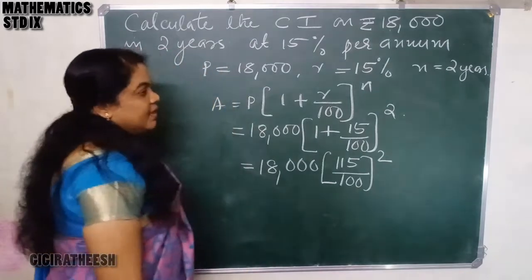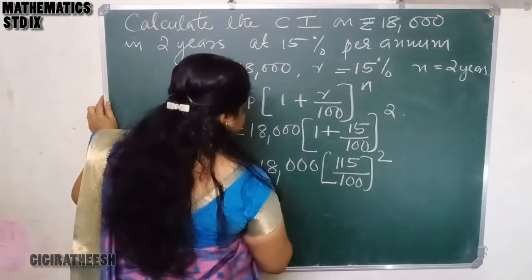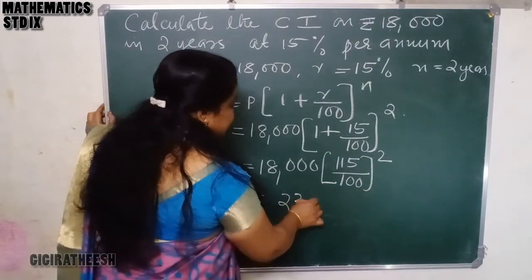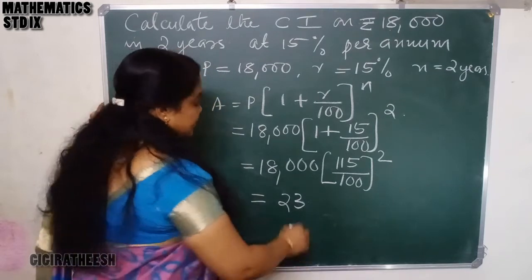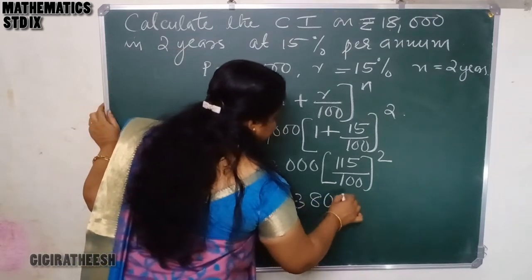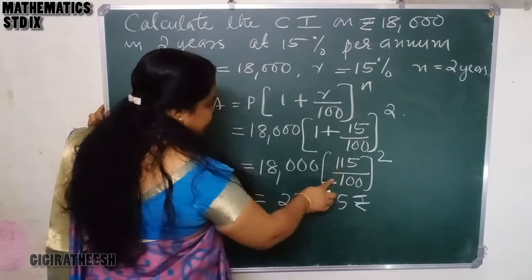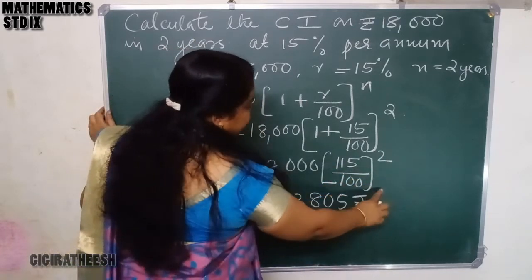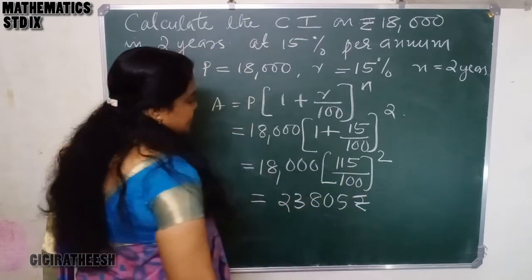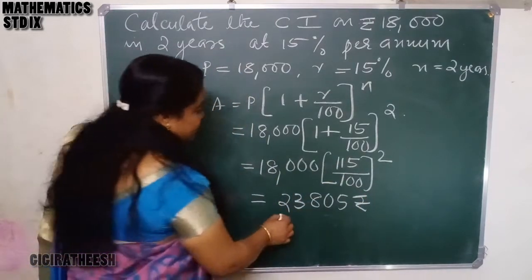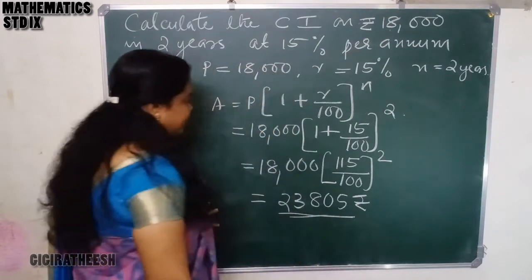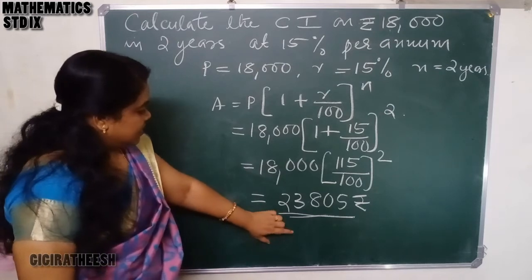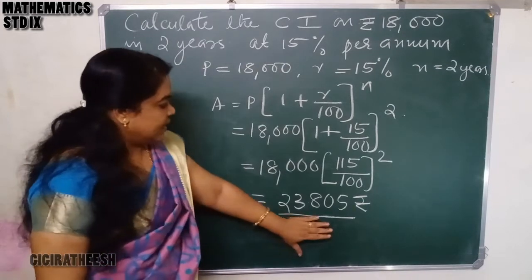Multiplying 115 by 100 twice, cancelling the zeros, and calculating, we get 23,805 rupees. This is the amount.